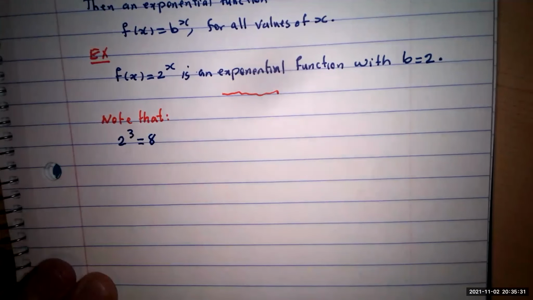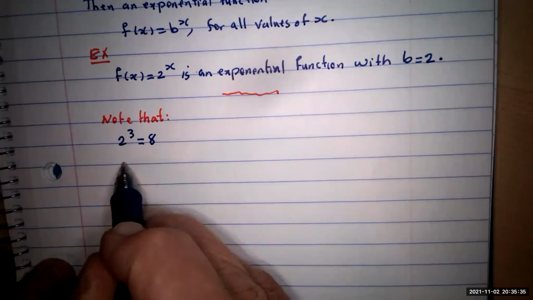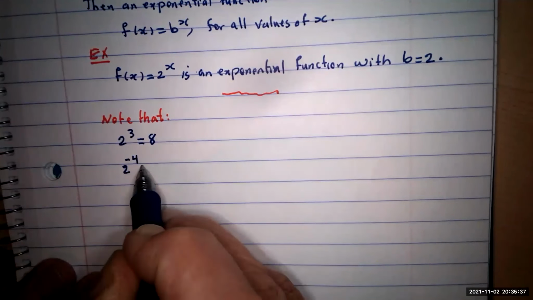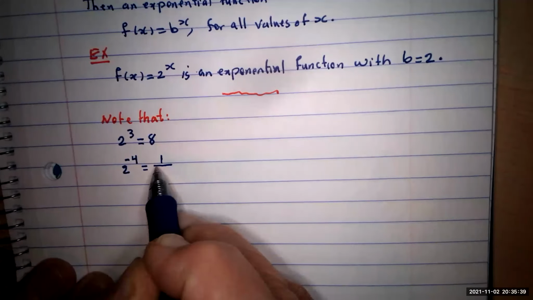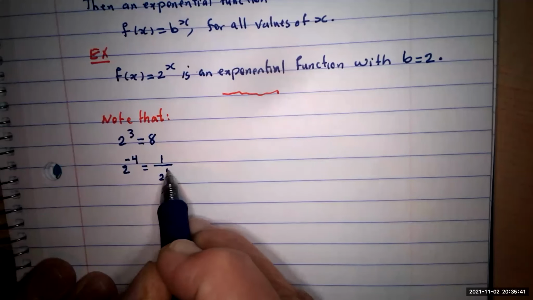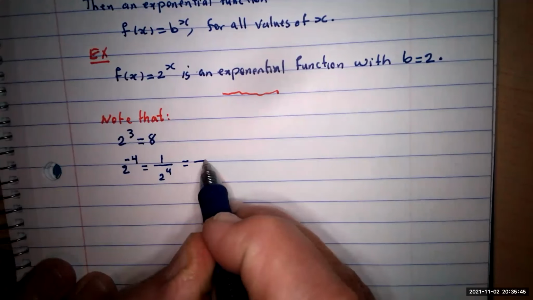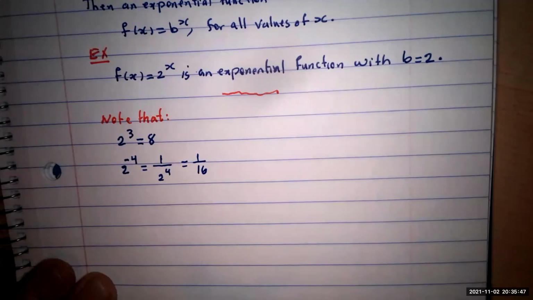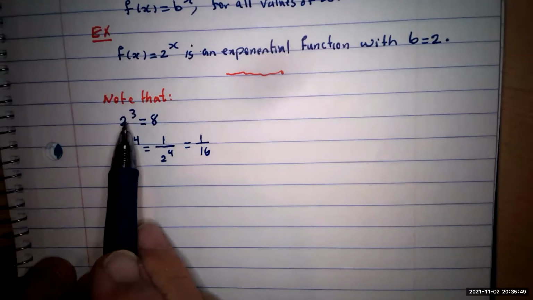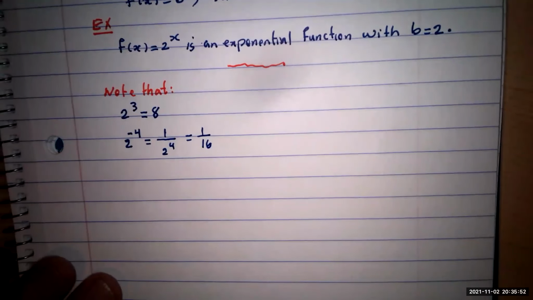So we can have a positive number. If you want to find 2 to the negative 4, you know that we can flip it and write it down as 1 over 2 to the 4th. So 2 to the 4th would be 16, so that gives 1 over 16. So I can do the positive number and the negative number.